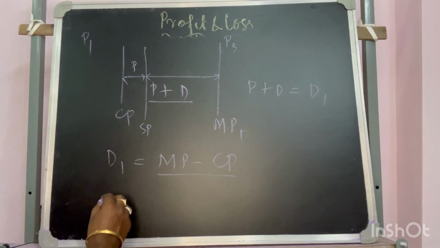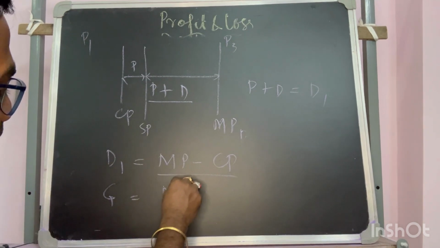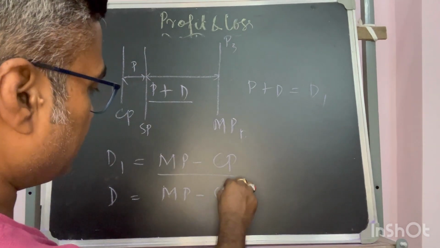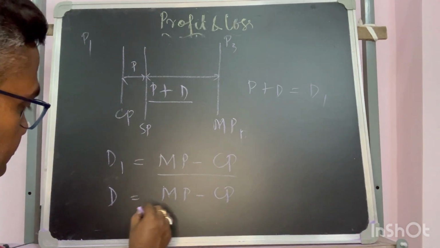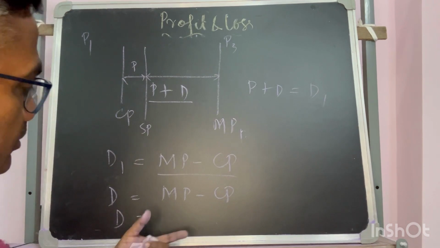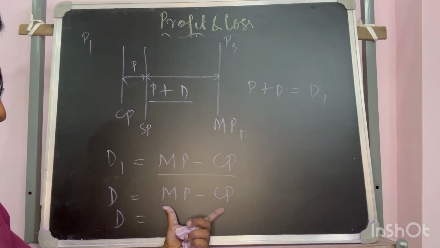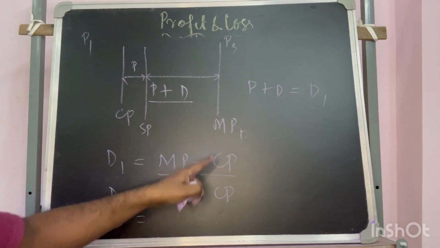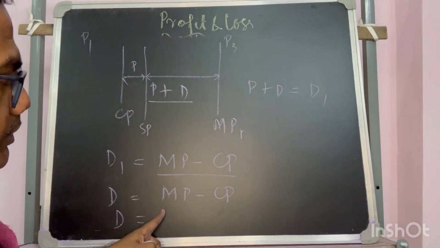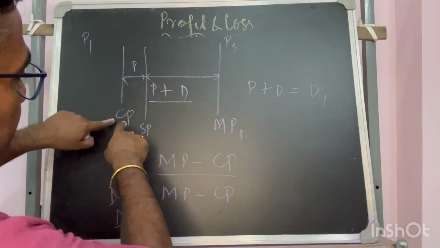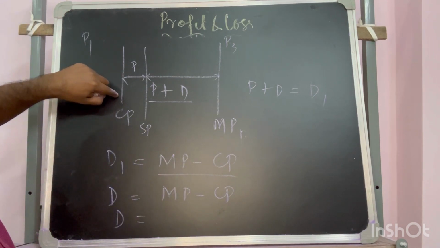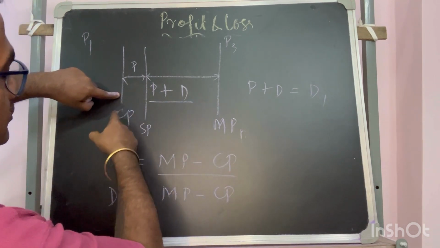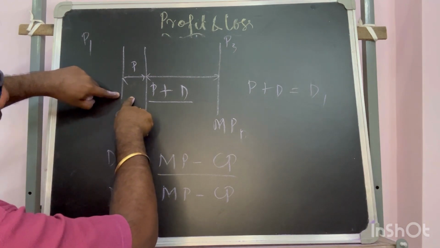In that case your discount can be considered as MP minus CP, because both extremes are fixed. So what would be his discount where he will reach? In this case CP is the fixed one. So his discount can be up to this, he cannot vary, the CP is fixed.